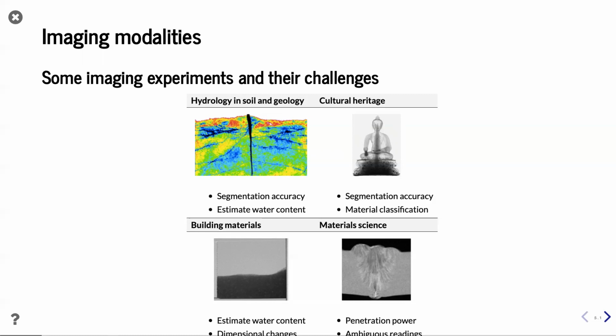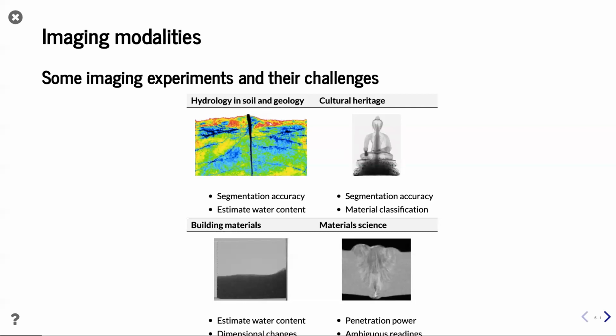Cultural heritage, in this case, we see a Buddha statue, and with neutron imaging, you can actually see organic material within the bronze cast, which you can't do with the X-ray. So this is kind of a showcase for neutron imaging.